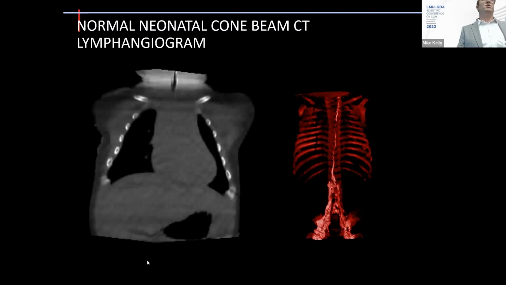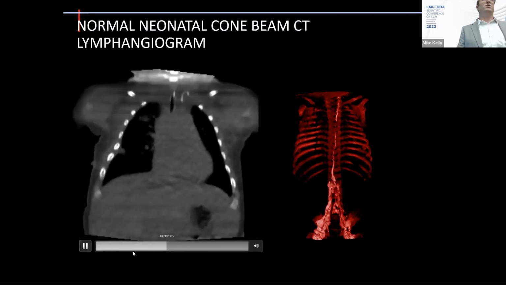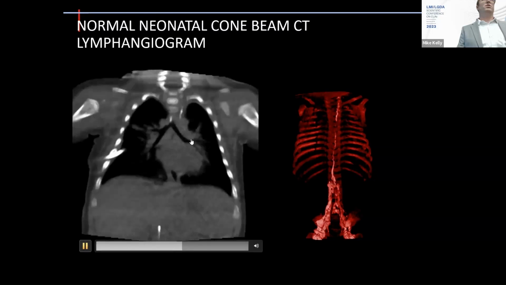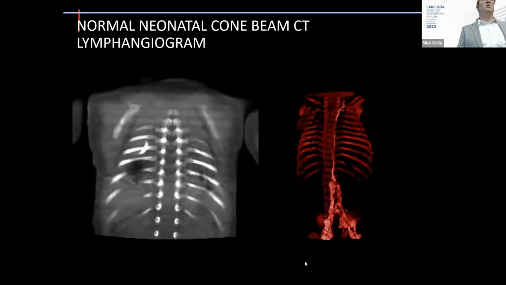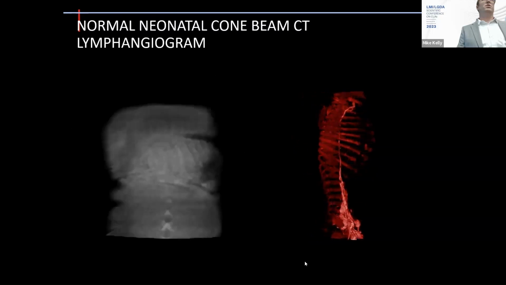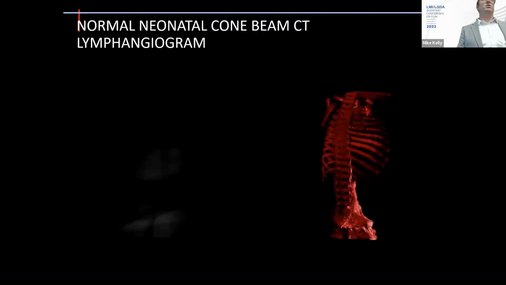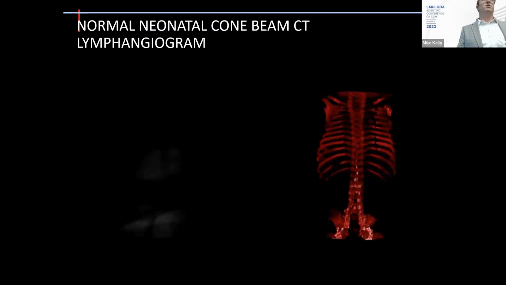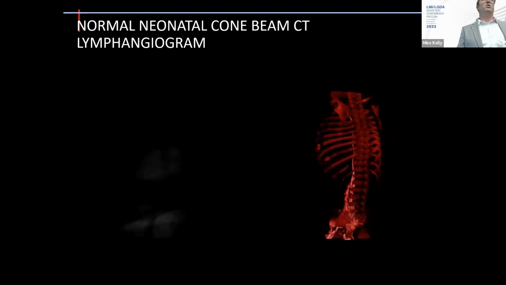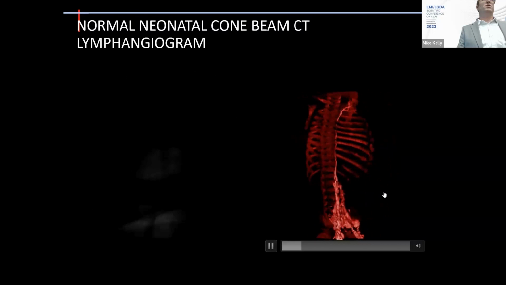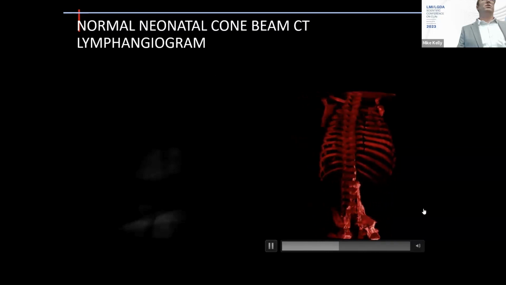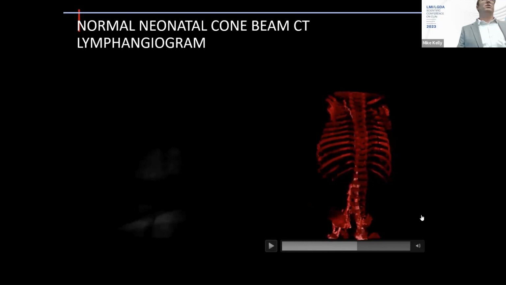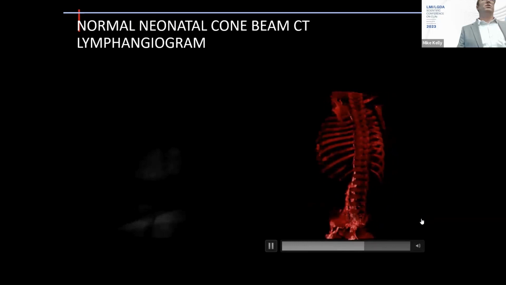We inject water-soluble contrast again into the lymphatic system, and you get a very nice view of the thoracic duct, which can also be reconstructed into a 3D view, which is nice for showing people. And so that takes away the problem of going to MR, because the MR takes about 45 minutes to an hour, and those very small babies can't tolerate that amount of time in the scanner.